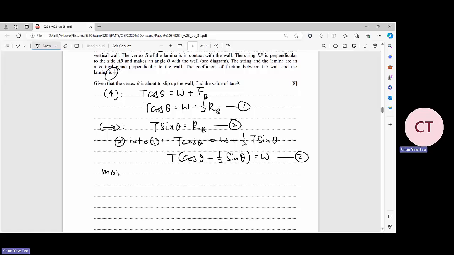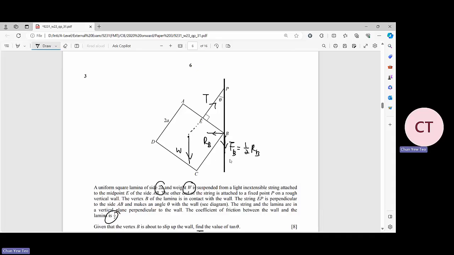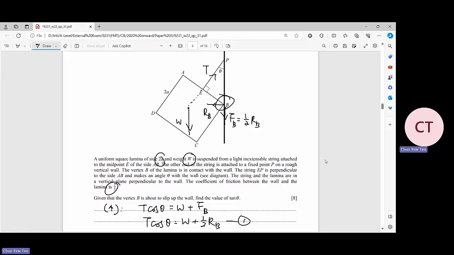We will take the moment. Where should I take the moment about? Like I said just now, FB and RB are symbols that I created myself. We try not to involve these two. So the best is we take the moment about the point B. If you take the moment about the point B, you can ignore these. So you have only this weight W. We need to find the distance here.